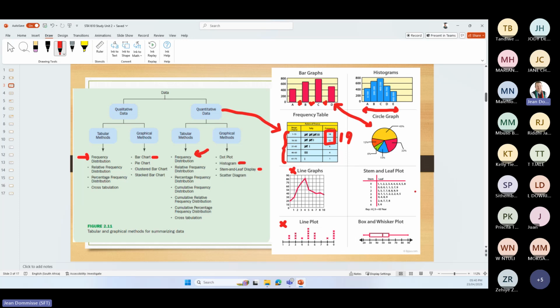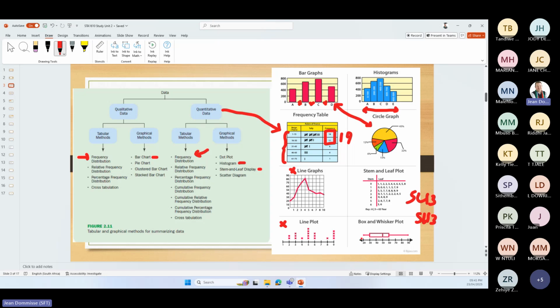And then another one that we will definitely cover in study unit 3 is the box and whisker. So again, we introduce it in study unit 2, but basically what the box and whisker is summarizing for you is what you will do in study unit 3.